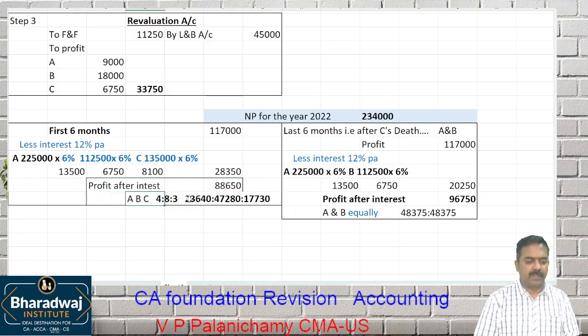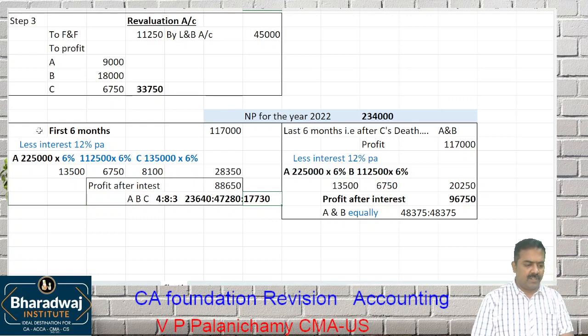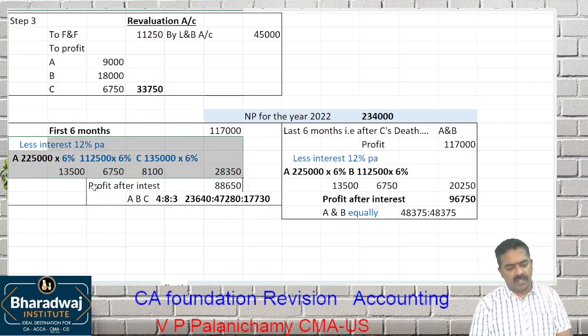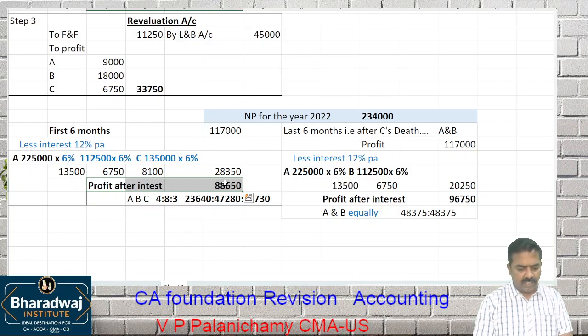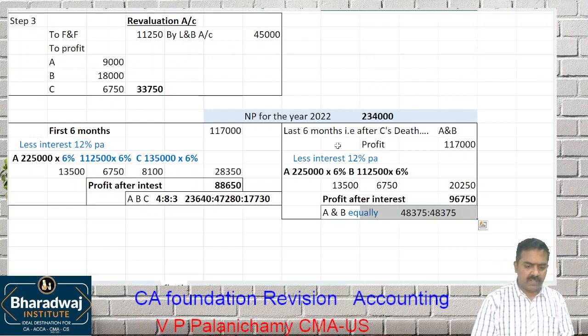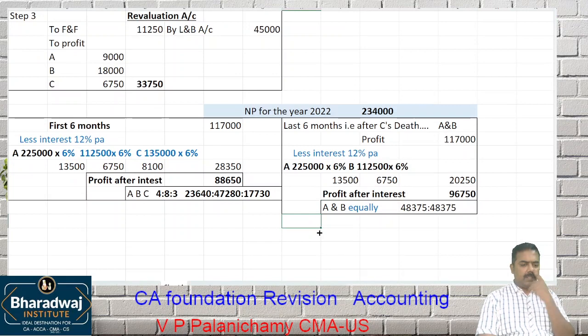This is actual profit that is shared. Estimated profit you share only for C. First 6 months, 1,17,000. After charging interest, the profit after the interest we share amongst all the partners in the old ratio. Then for the next 6 months, the profit is shared only between A and B equally.